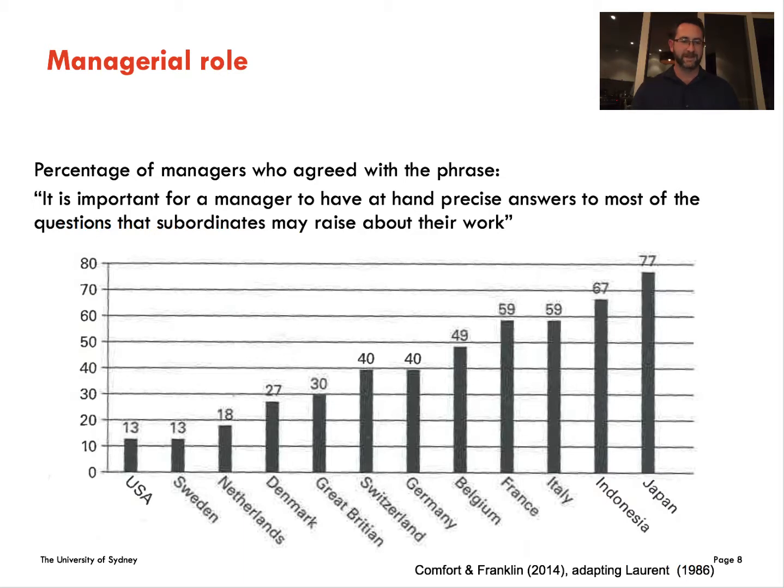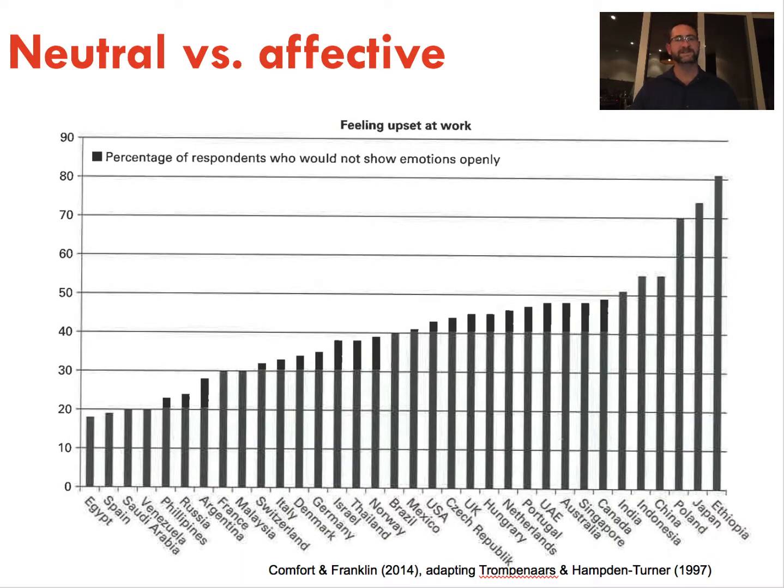So, as a last framework, let's look at neutral versus affective cultures. Again, we've got Trompenaars and Hampden-Turner, but this is being adapted by Comfort and Franklin. And here we're looking at the percentage of respondents who would not show emotions openly.